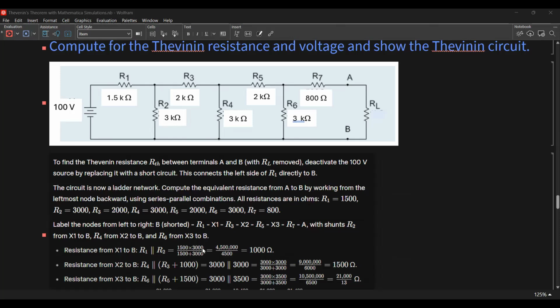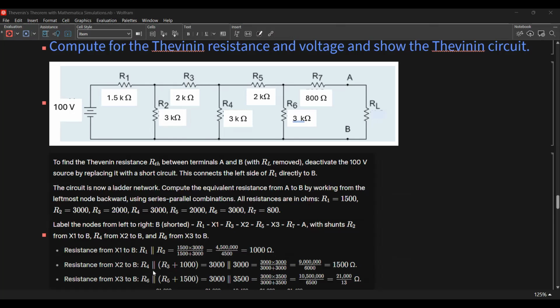So the equivalent resistance is 1000 ohms. And R4 is parallel to R3 plus 1000. So we have R3 in series with the parallel resistors R1 and R2.